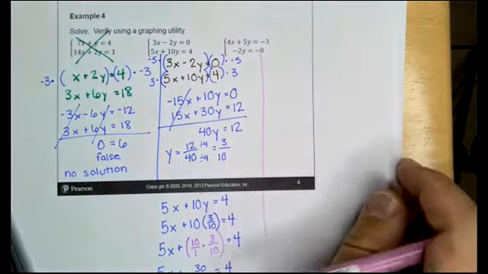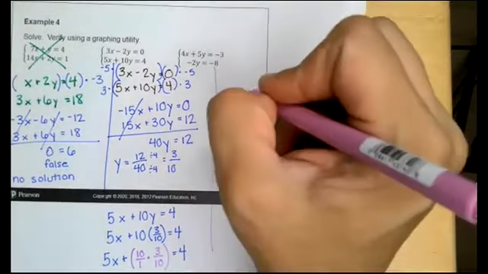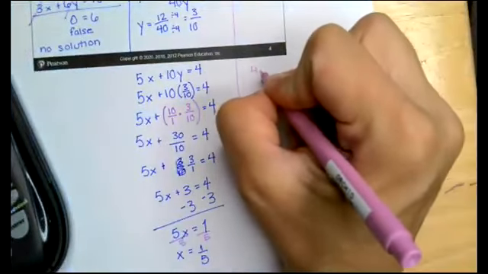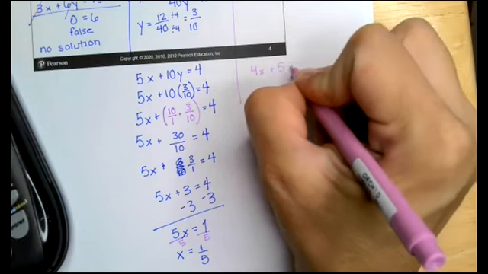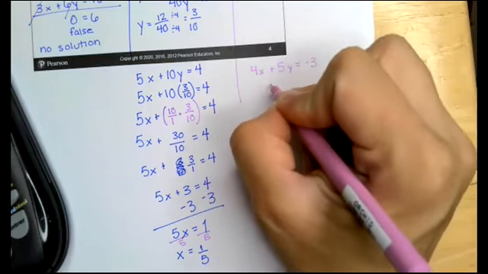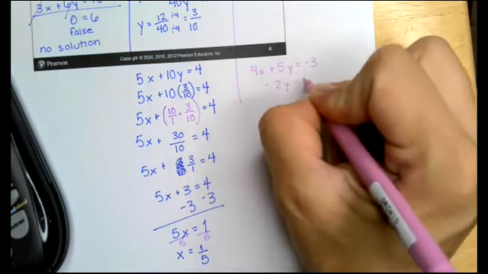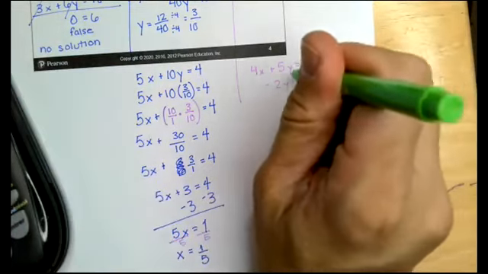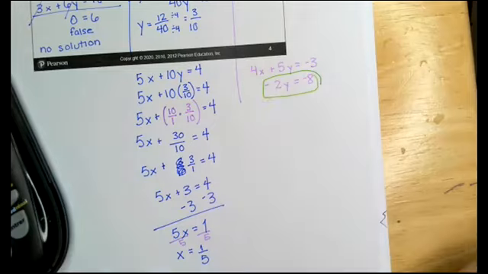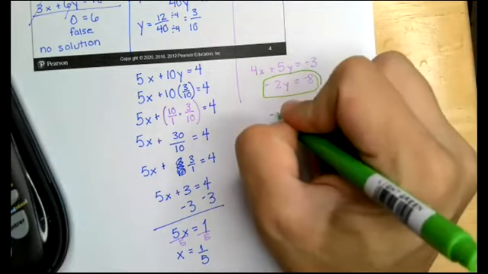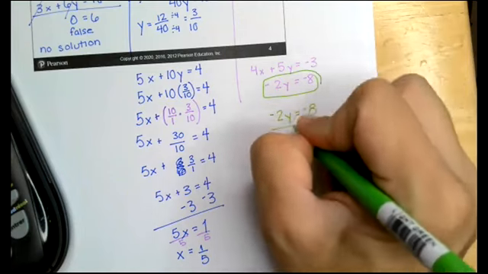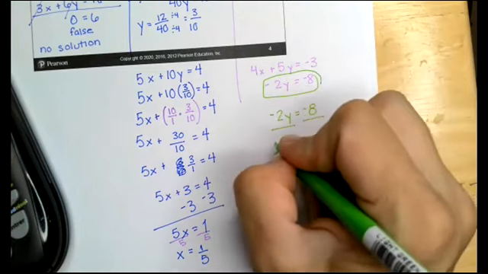Last one. Ooh, look at this one. So I have, let's just put it down here. I have 4x plus 5y equals -3, and -2y is -8. I can use this one right away. So -2y equals -8. Because there's no x, I can just solve for y.